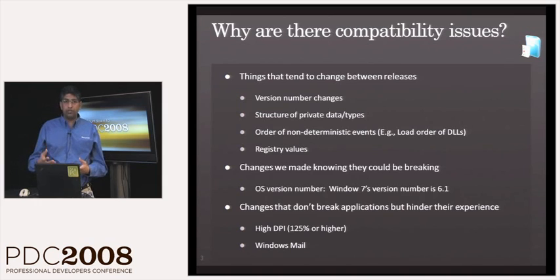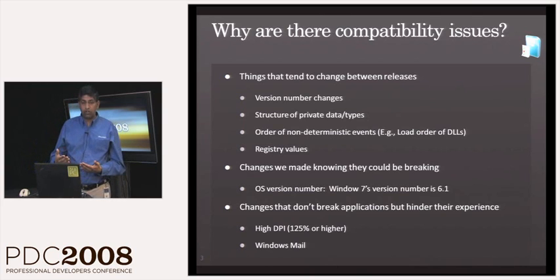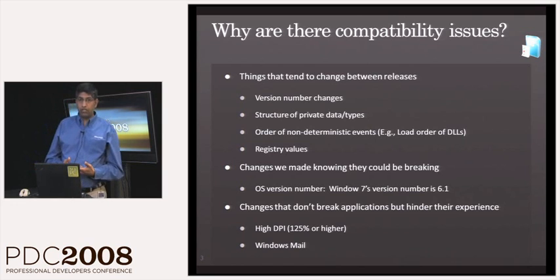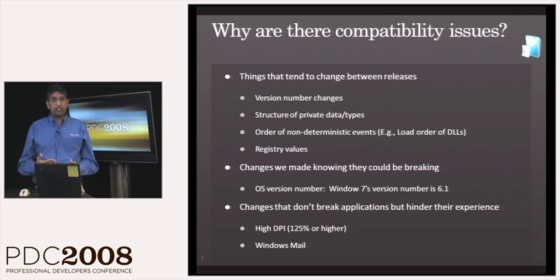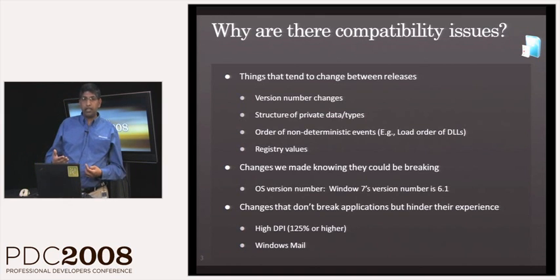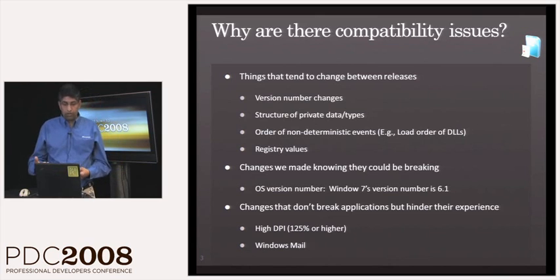Applications tend to use private structures, private data types, and take dependencies on specific things like load order of DLLs during boot time or certain registry values that are private to Windows. These are subject to change over the releases of the operating systems, and what this does is that when an application is tied to that, they tend to break release over release.